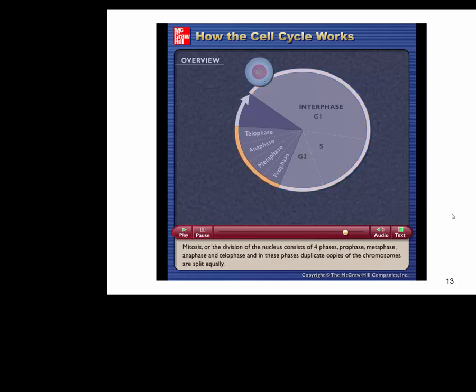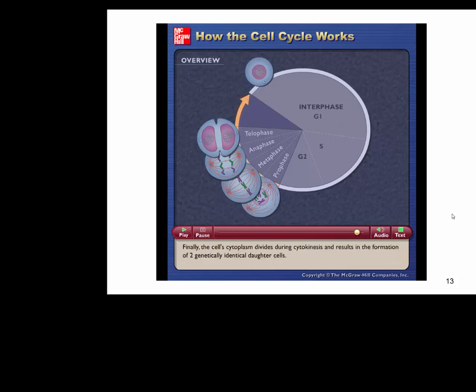Mitosis, or the division of the nucleus, consists of 4 phases: prophase, metaphase, anaphase, and telophase, and in these phases duplicate copies of the chromosomes are split equally. Finally, the cell's cytoplasm divides during cytokinesis and results in the formation of two genetically identical daughter cells.